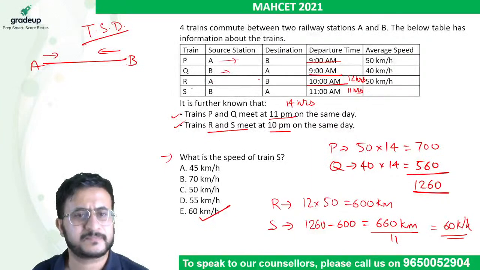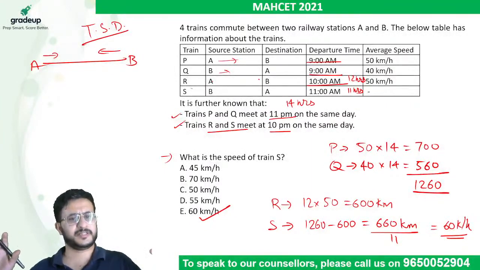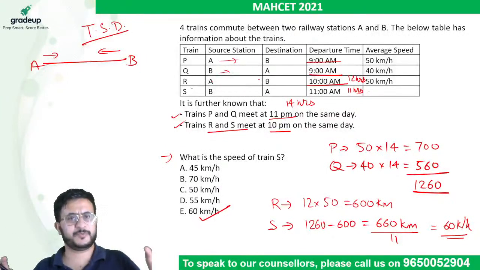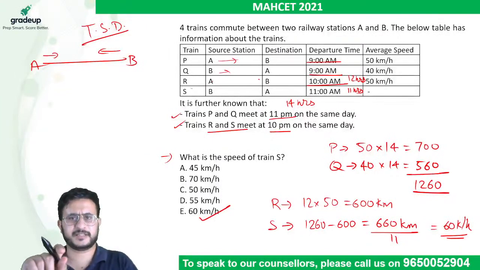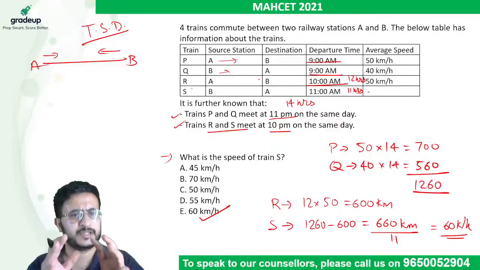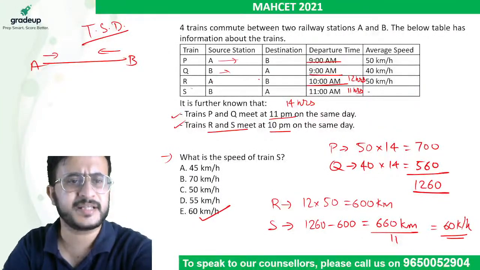Is it clear? Since A and B are the same stations, the stations are not going to change. So the total distance between A and B you calculate using the first relation, P and Q. You know P is moving at this time, Q is moving at this time. So the total distance covered by P and Q will give you the distance between A and B. Now R and S are also meeting.